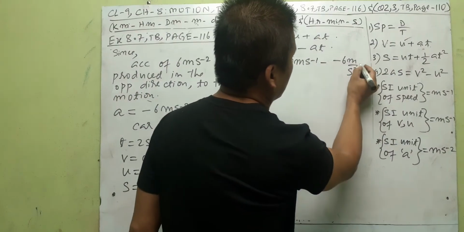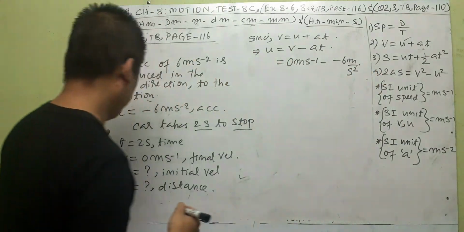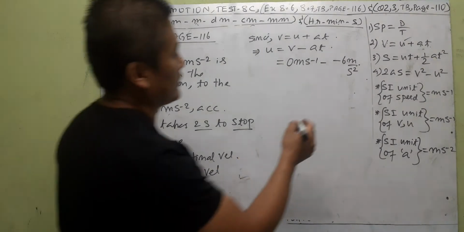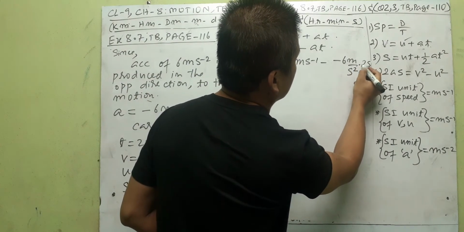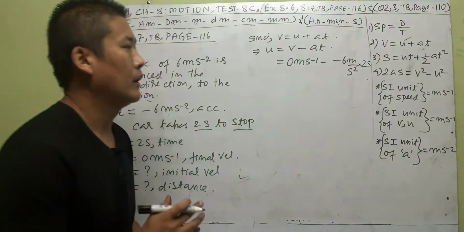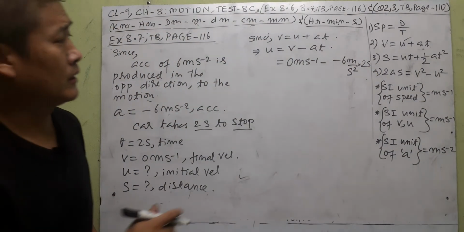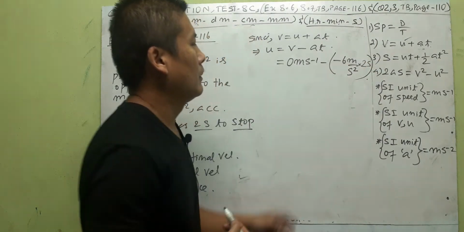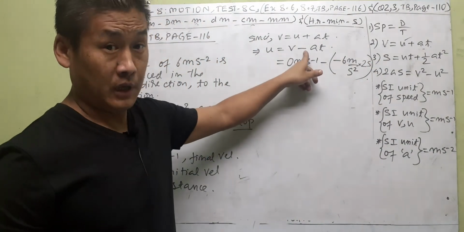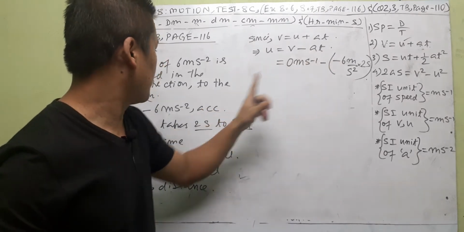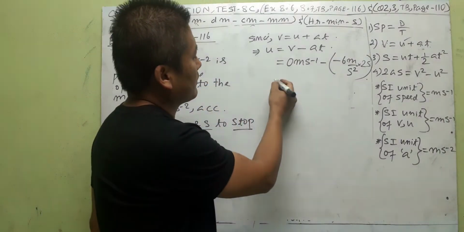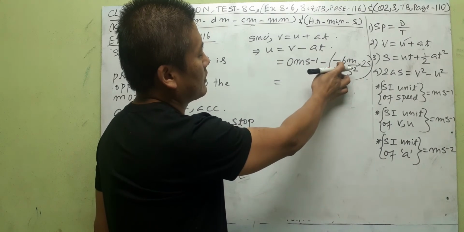Into time here. Time period is given, 2 seconds. So you can write 2 seconds into time. You can put a bracket here just to differentiate. See here, this minus belongs to the formula. This minus is from the value of a itself. Be careful with that. So this 0 can be neglected. Now minus the minus is plus.